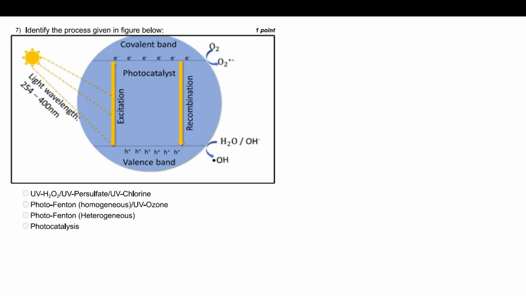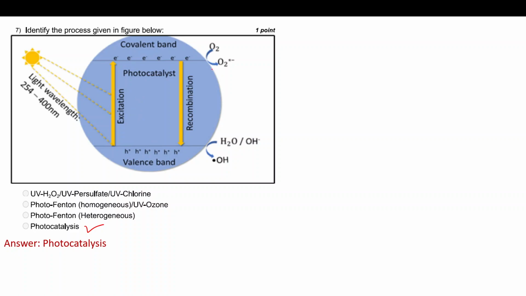Now, the next question: identify the process given in the figure. Photocatalysis. Yes, this is the photocatalysis process, where this is the semiconductor, and when light is incident, there will be excitation of the electrons.